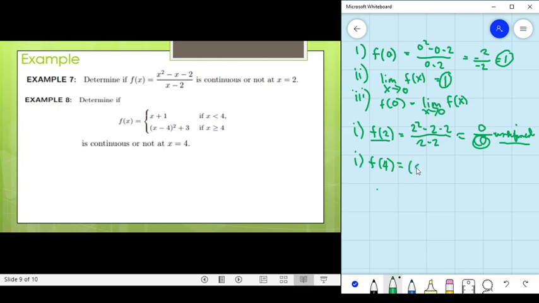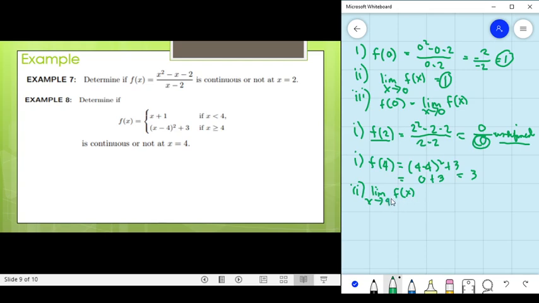That's why we have 4 minus 4 squared plus 3. So it should be 0 plus 3. So f of 4 is equal to 3. That is the value of the function at x equals 4. What about the second one? So we are going to find the limit of f of x as x approaches 4 from the right and from the left.